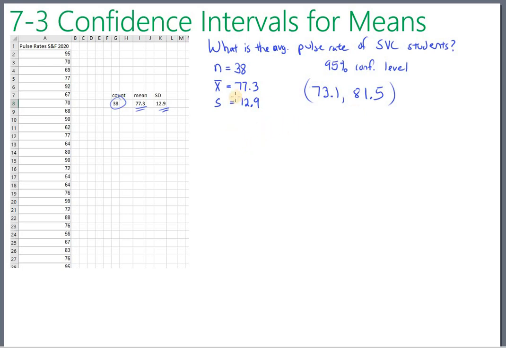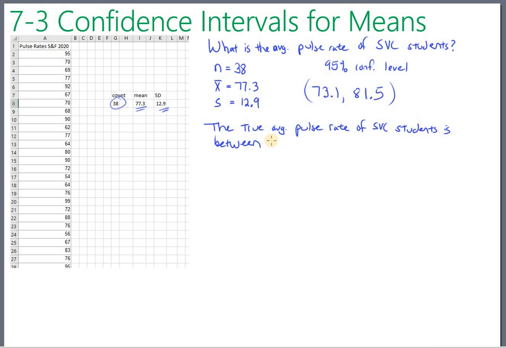Okay, and let's go ahead and just for good practice, write a sentence and say the true average pulse rate of SVC students is between, and here again I might round off even a little bit more, or maybe just keep this.